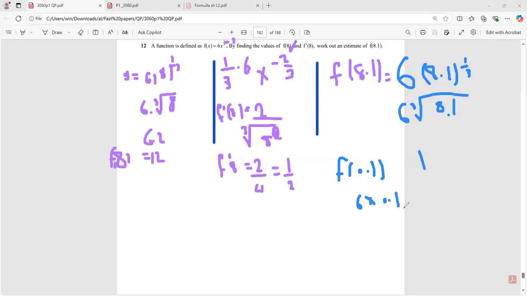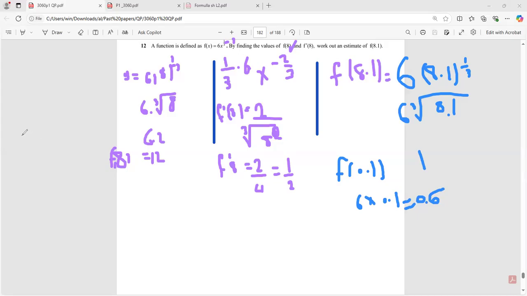So it will be equal to 0.6. So here we can say it's near to 12.6 or 12.5.